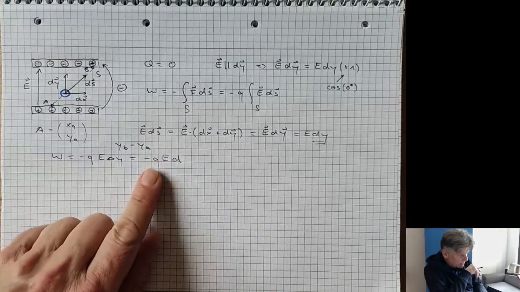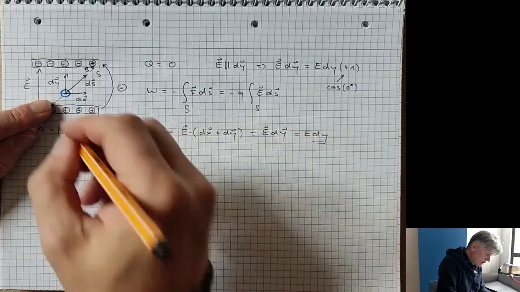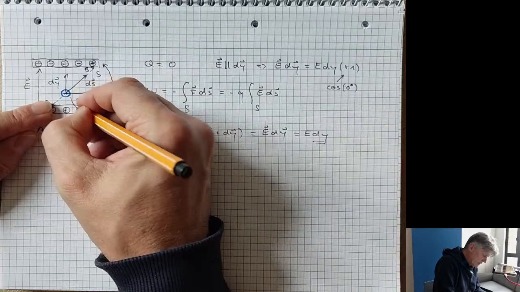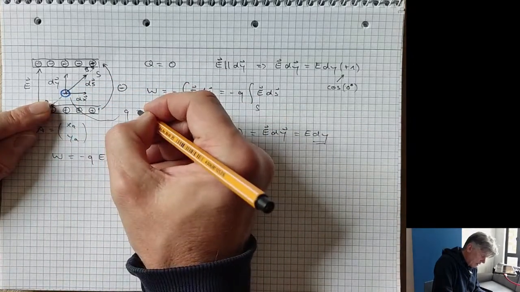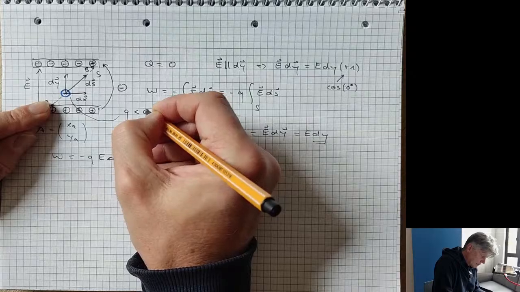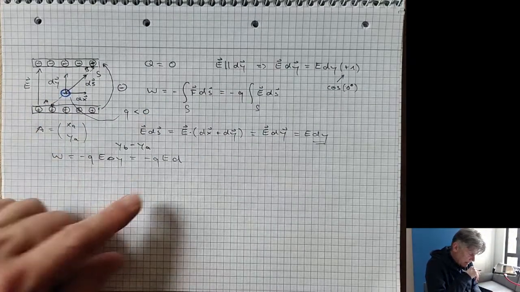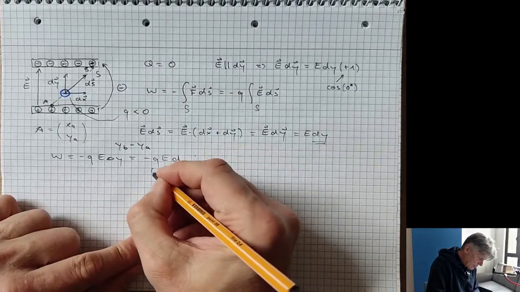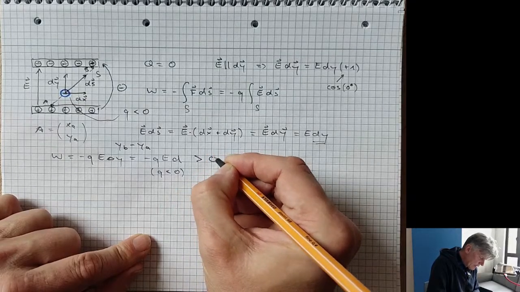Is this now negative? No, because I forgot to mention that the charge q we are talking about here, this little charge q, since it's a negative charge, is less than 0, minus 1 Coulomb. So that means in the end, since q is less than 0, this again is greater than 0.